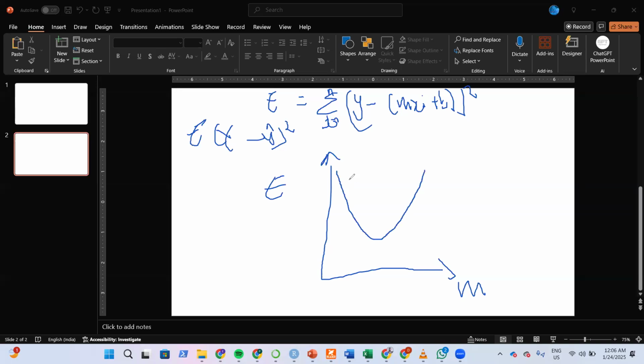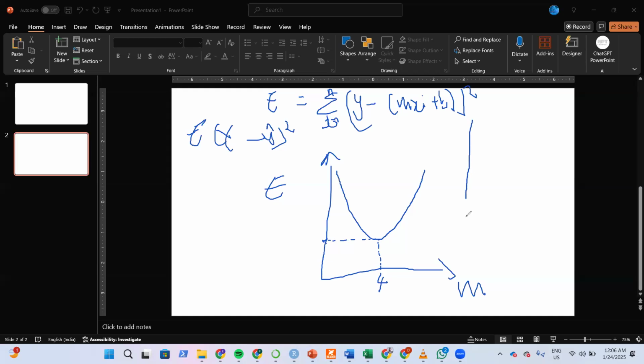We're going to get a point where the error is least, and there is a corresponding value of m at that point. Whatever value of m it is, let's say 4, is going to be the gradient of the line when the error is least. Remember, the line of best fit is the line where the error is least.